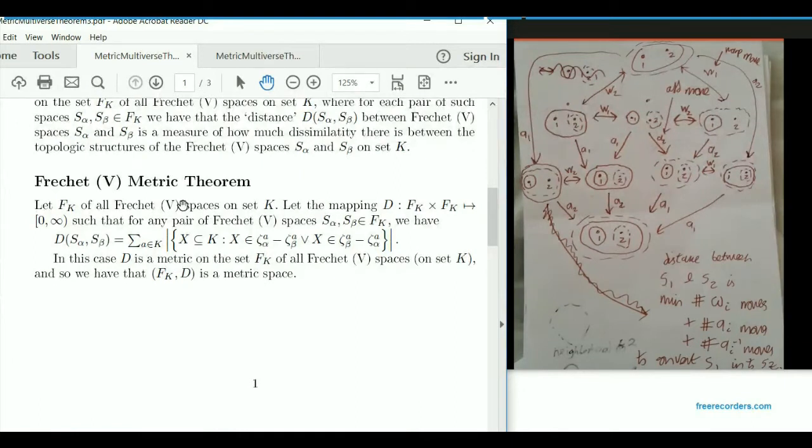What we're going to count up is how many times we have this sort of discrepancy, where there's a particular subset which is a neighbourhood of a point in one of our two spaces, but is not a neighbourhood of that point in the other space. And that's essentially what d of S alpha, S beta is.